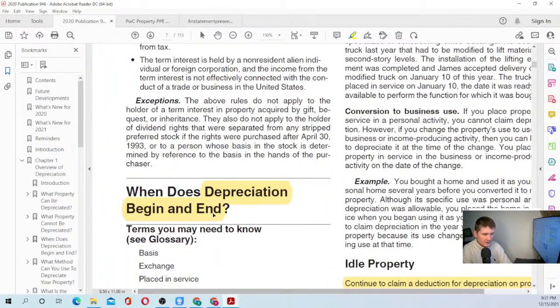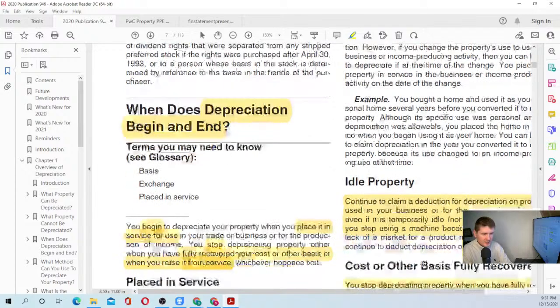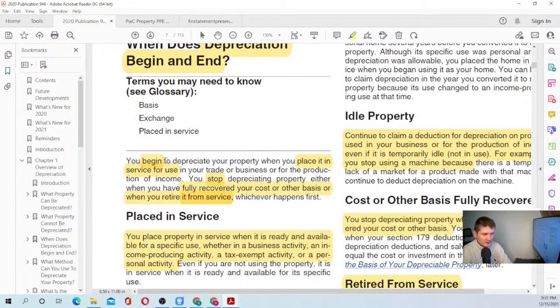Okay, so when does depreciation begin and end? And again, this part is pretty much the same as in the accounting piece. We begin to depreciate your property when we place it in service for use in your trade or business or for the production of income.